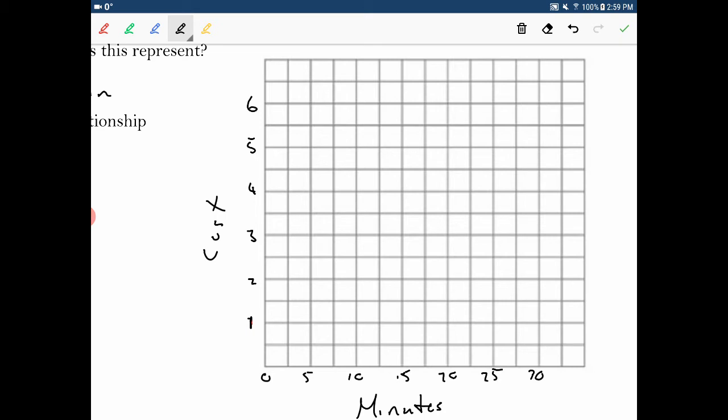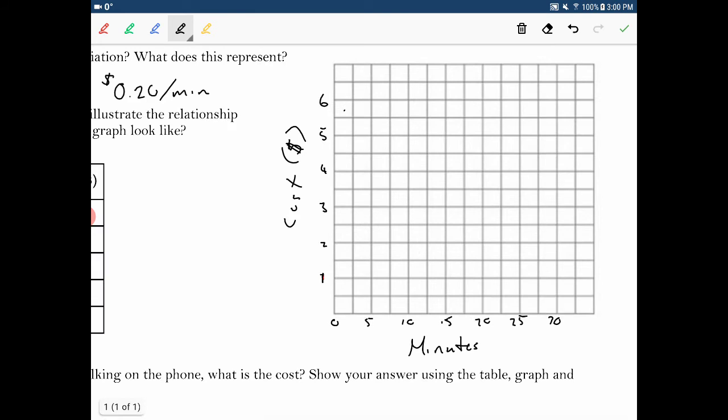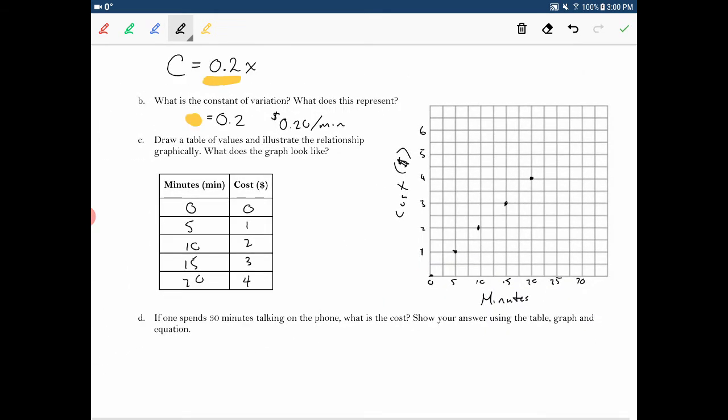And of course we should put the units. The point is, we can now just fill in our values here. So we have 0, 0. 5 was 1. 10 was 2. 15 was 3, and 20 was 4. And so that gives us our graph here.